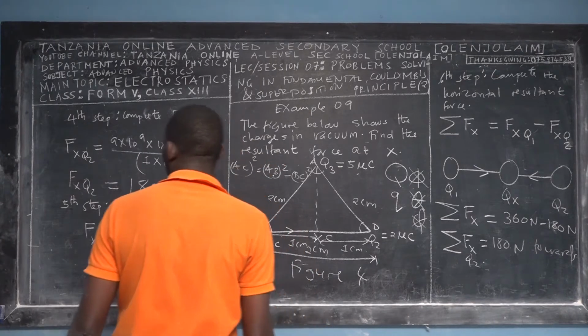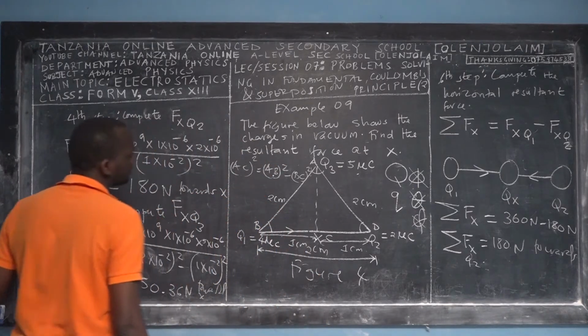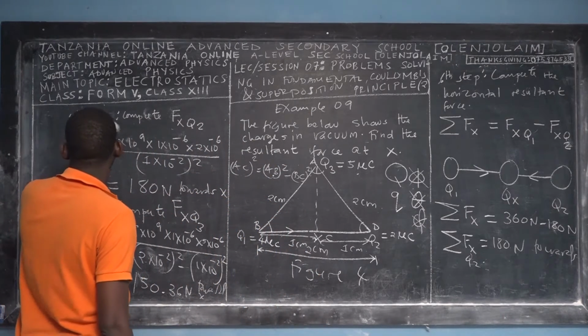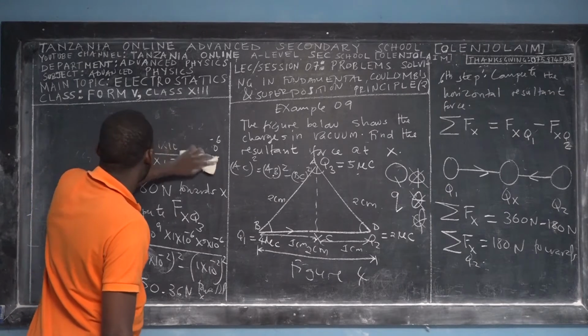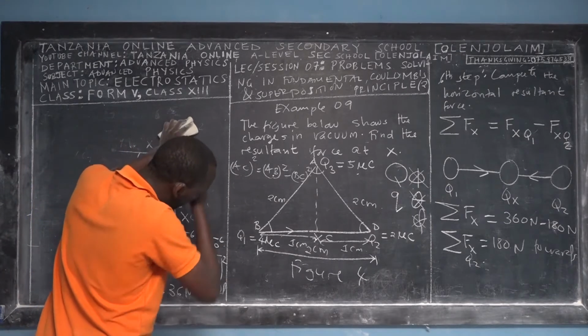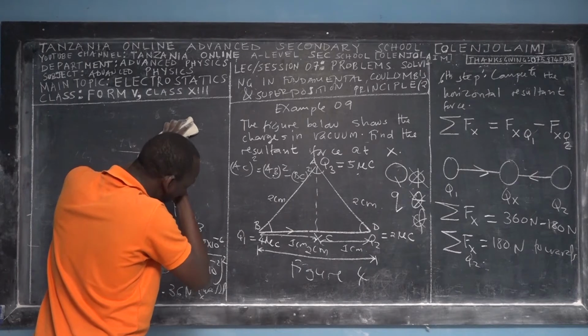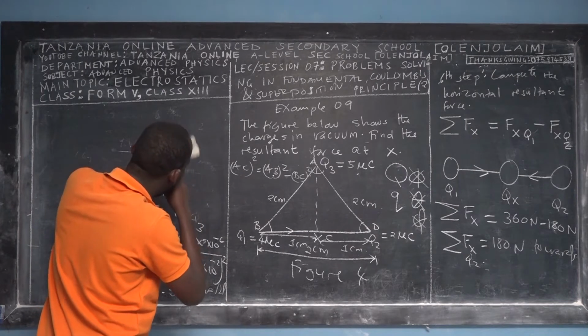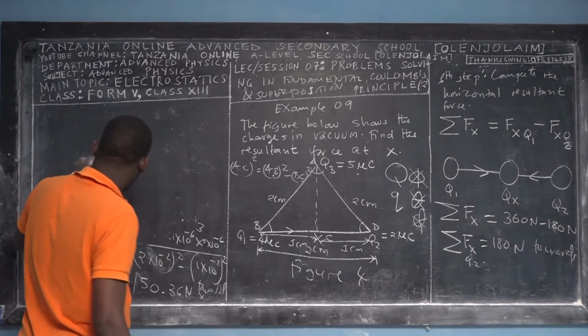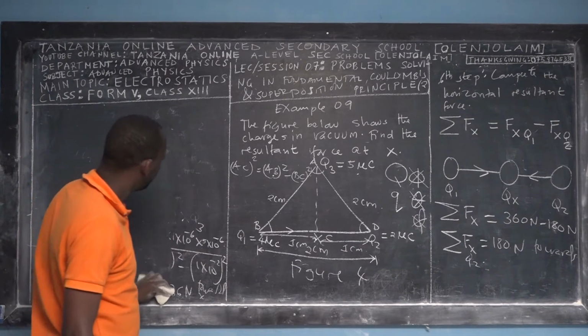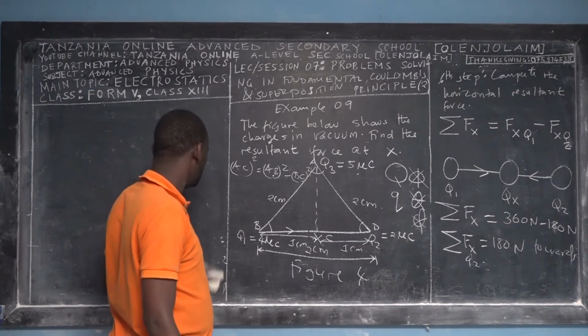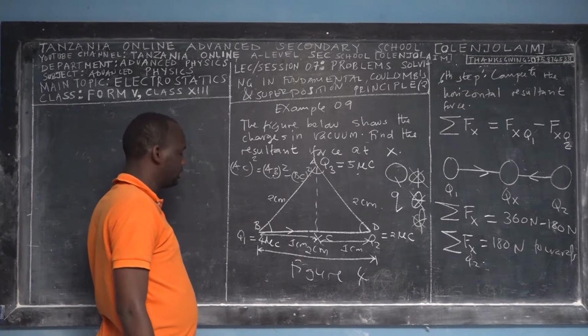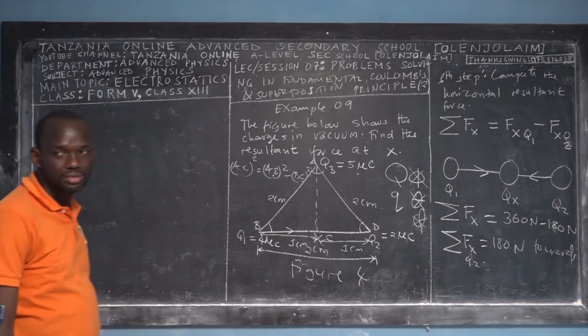It comes from vertical component. What point charge does give us the vertical component? It's only Q3. This force on X due to Q3 is perpendicular, or not? This is perpendicular, right?